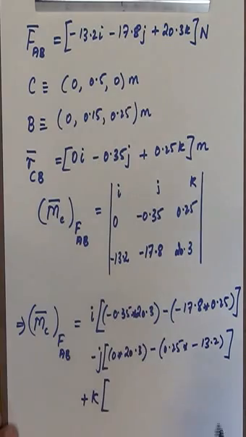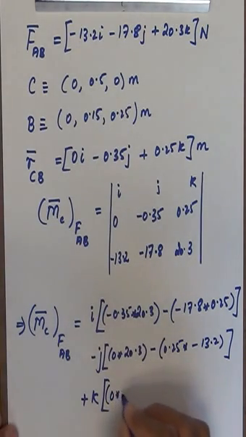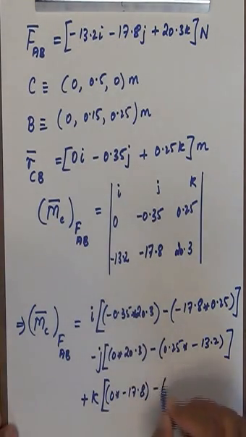It's going to be 0 times minus 17.8 minus 13.2 times minus 0.35.